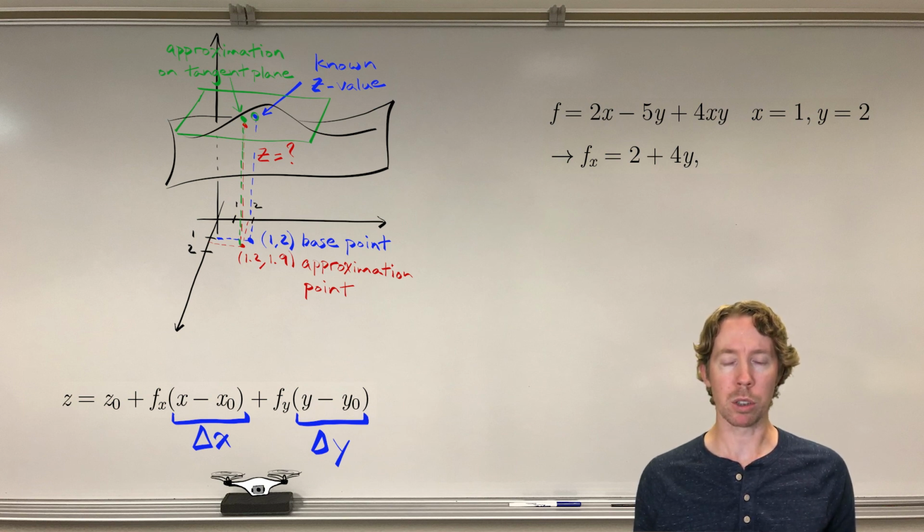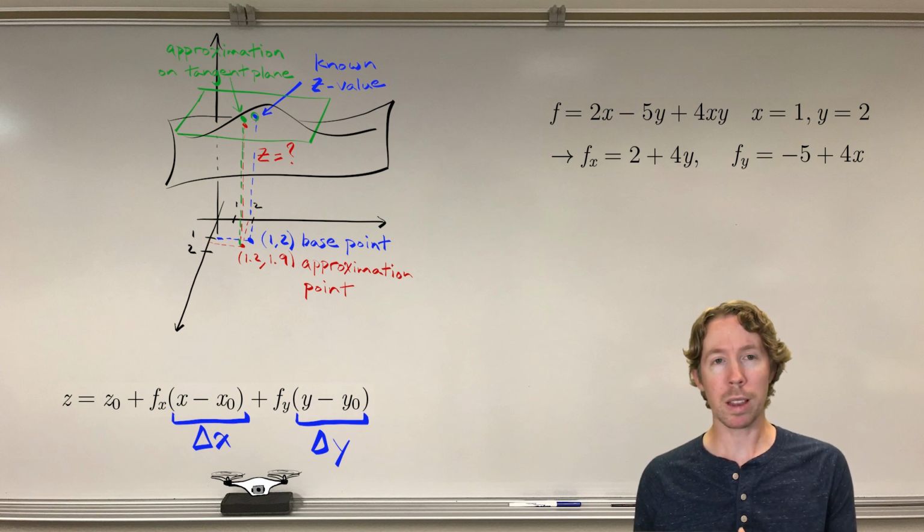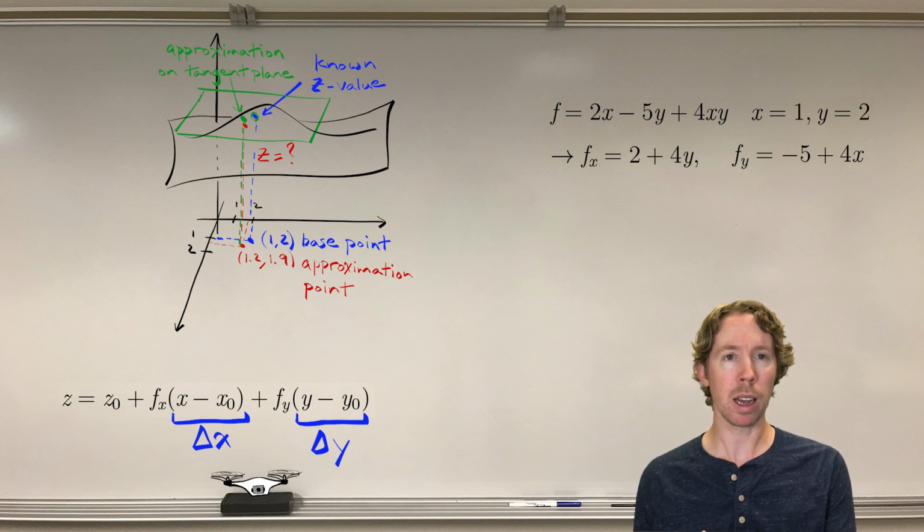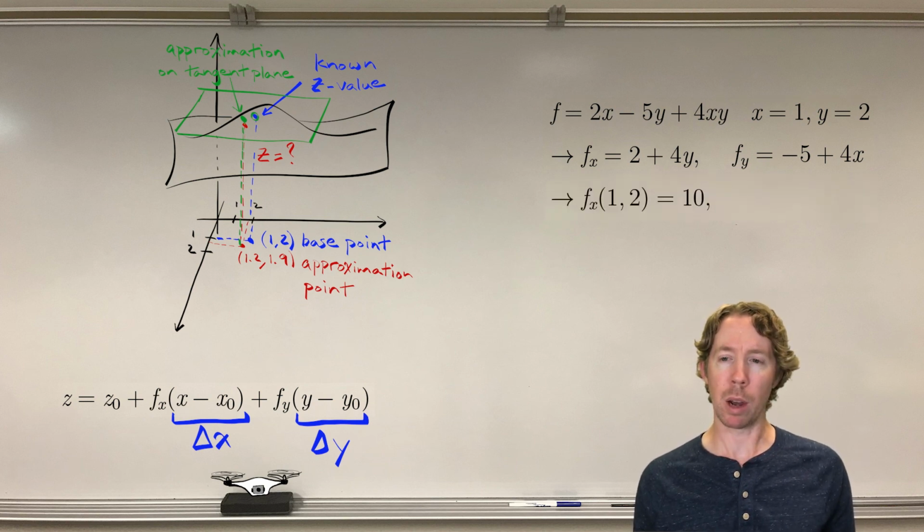And then for the partial with respect to y, treat x as a constant, you get minus 5 plus 4x. We want these slopes at the specific point x equals 1, y equals 2, so they should give us numbers. So plug in x equals 1, y equals 2, and for fx we get 2 plus 8 is 10, and for fy we get negative 5 plus 4 is negative 1.